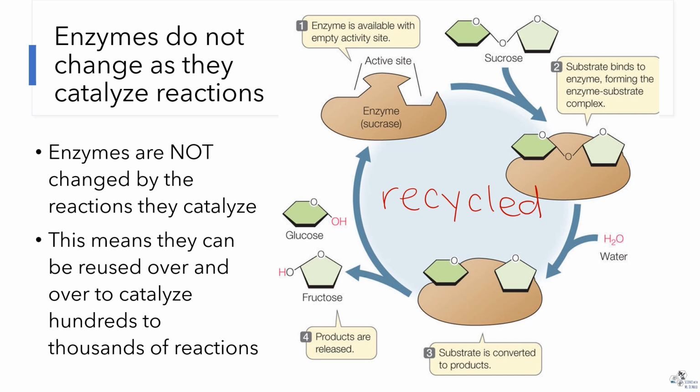Instead, it can make just a handful of them and they can perform the reaction over and over again. Our bodies and everything in nature, our cells, are very lazy. They want to take the path that requires the least amount of energy input if possible. So they are not changed and they are not used up by the reactions that they are catalyzing.